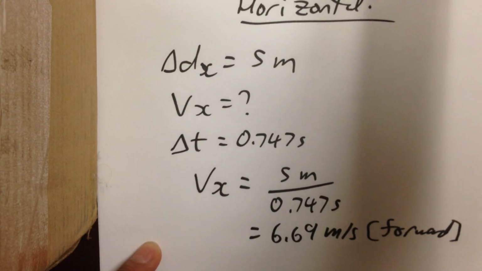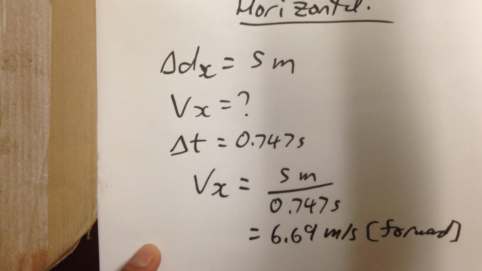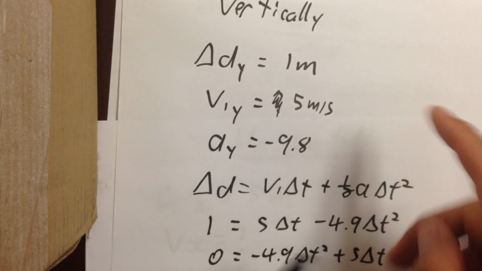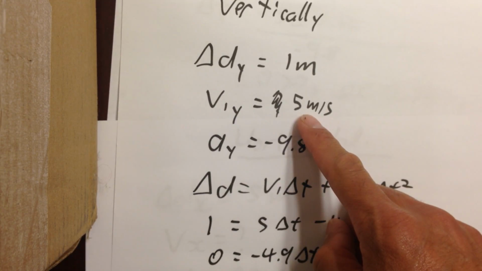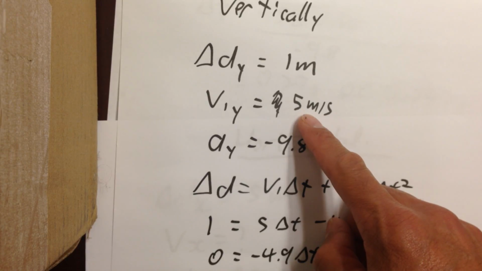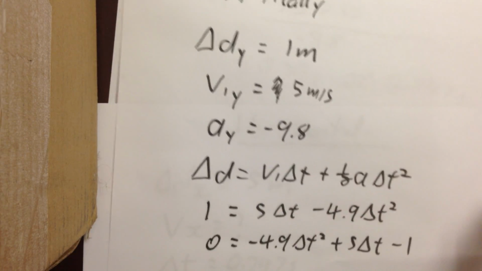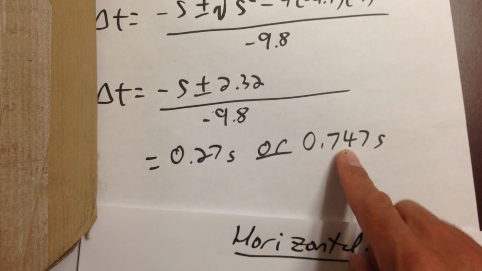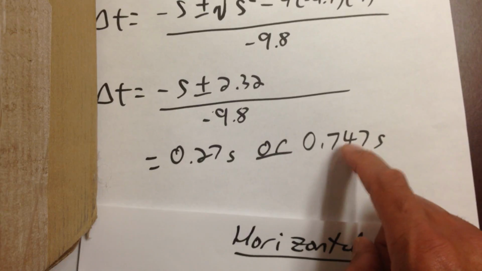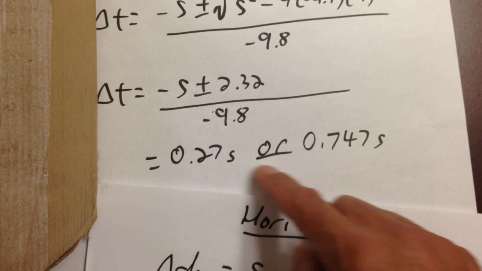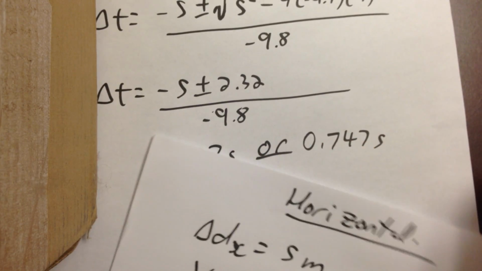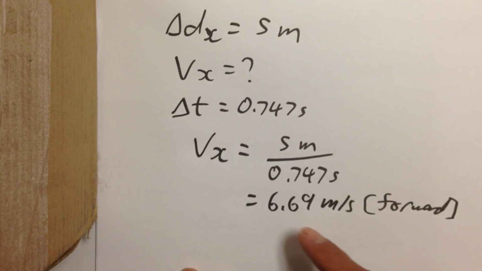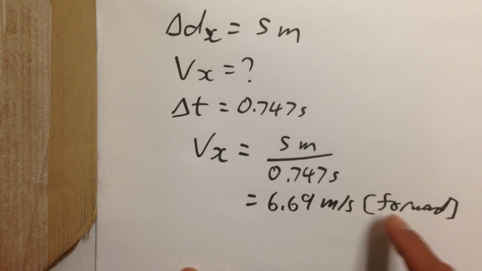Now remember, we chose vertically, and this was the only guess here, the only choice, to throw this at 5 meters per second upward. We determined if we do, it's going to take 0.74 seconds to get to the height of the hoop a second time, and for it to go the horizontal distance required in that amount of time, we need the horizontal component of our velocity to be 6.69 meters per second forward.